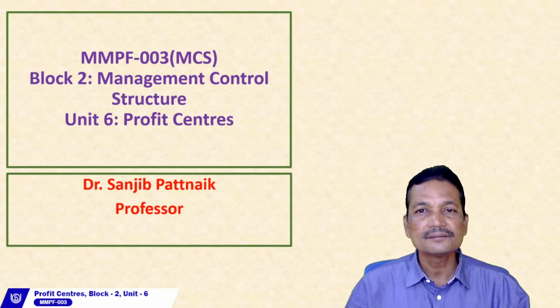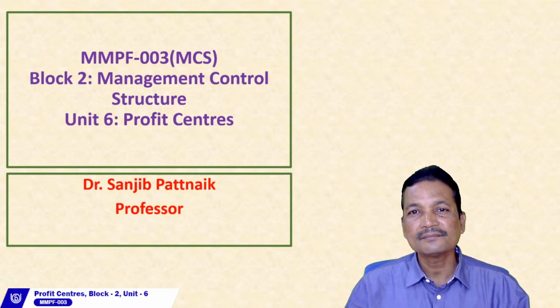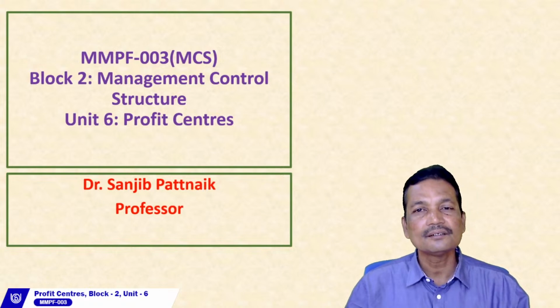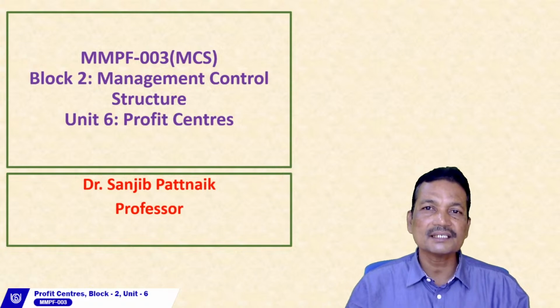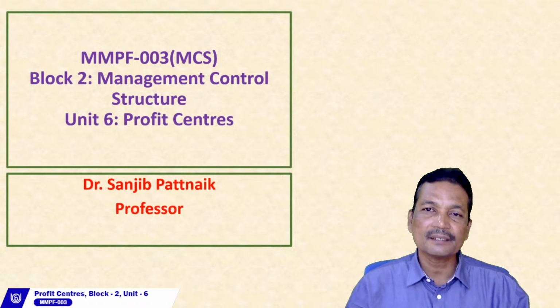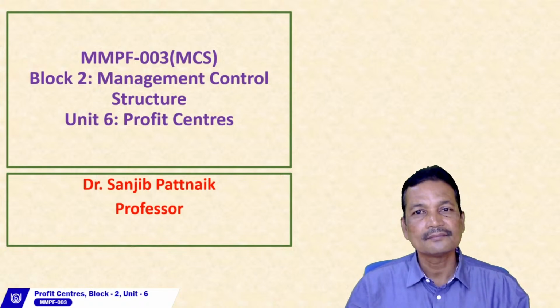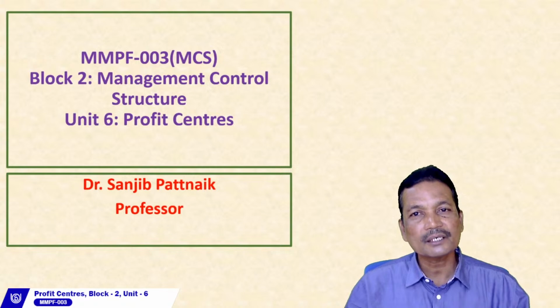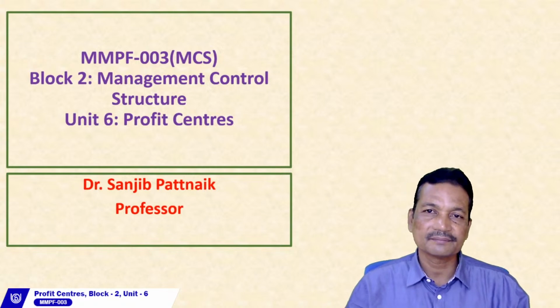So there, the manager of that particular division will be responsible for the various cost activities and the revenue generation activities or the sales activities which are taking place in that particular division. So when we take revenue and cost at the same time, we know that we are talking of profits.